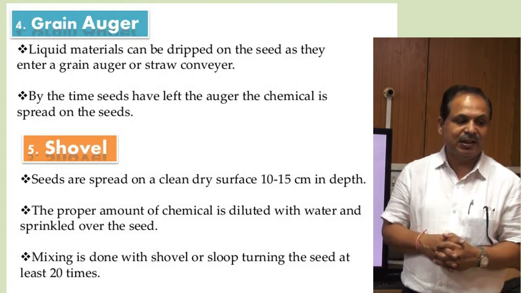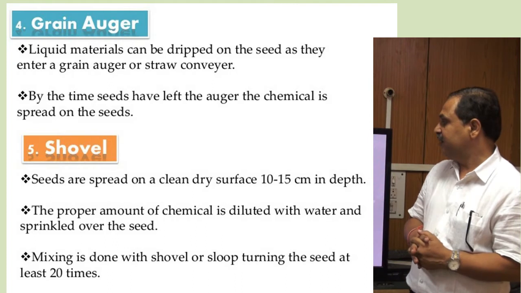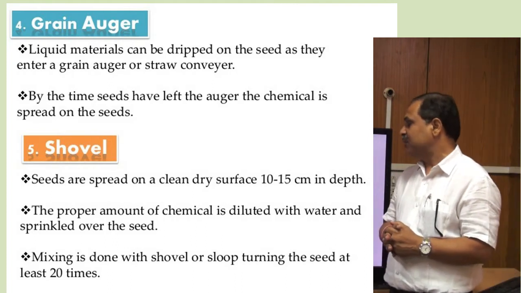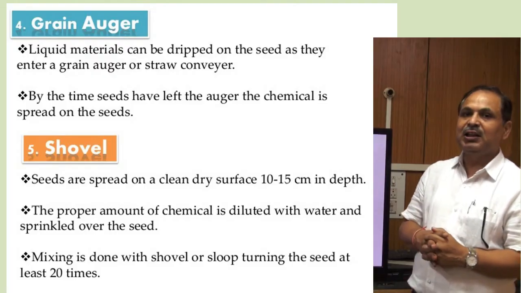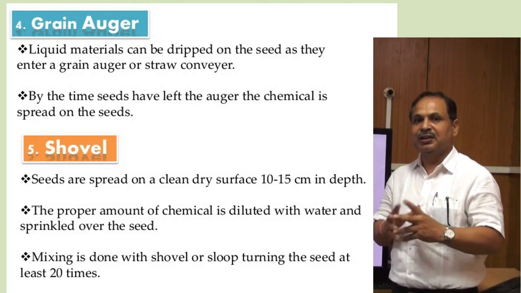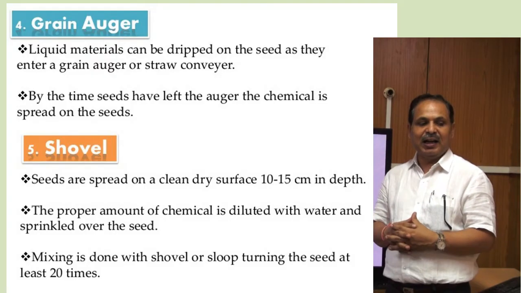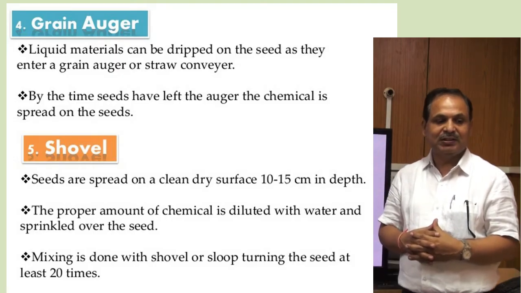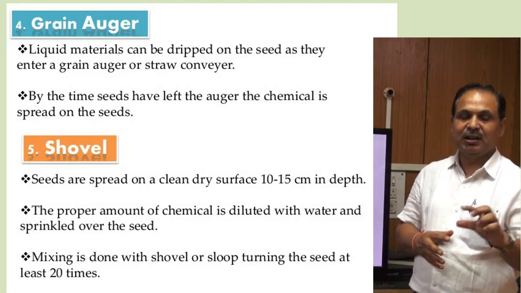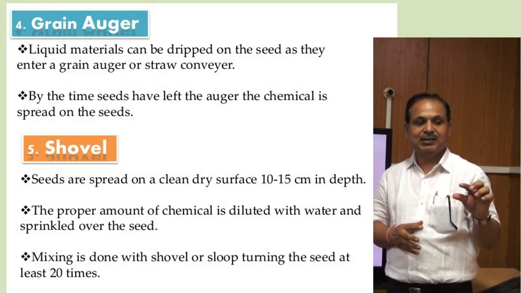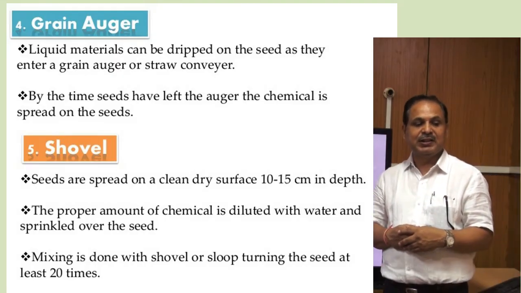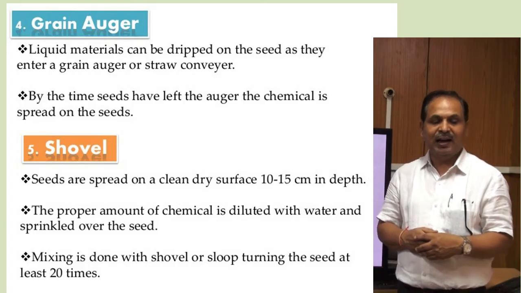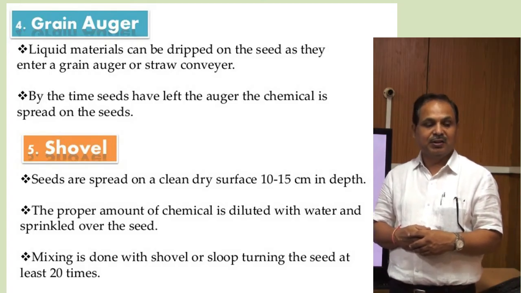The next one is the soil method. This is generally used when seeds are dried in a dry place, and the seeds are spread to a thickness of 10 to 15 centimeters in depth. The proper amount of chemicals is diluted with water and sprinkled over the seeds.